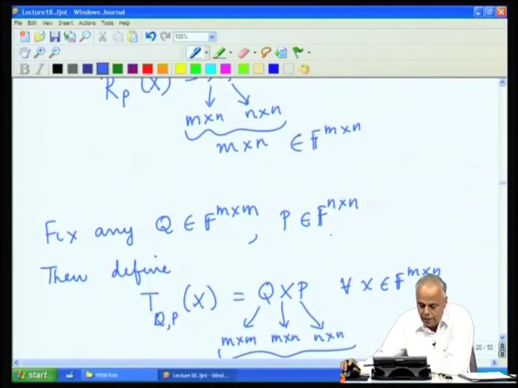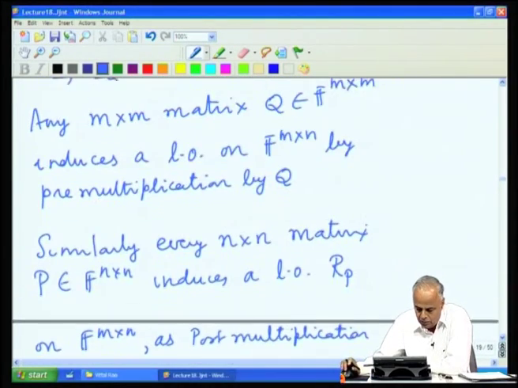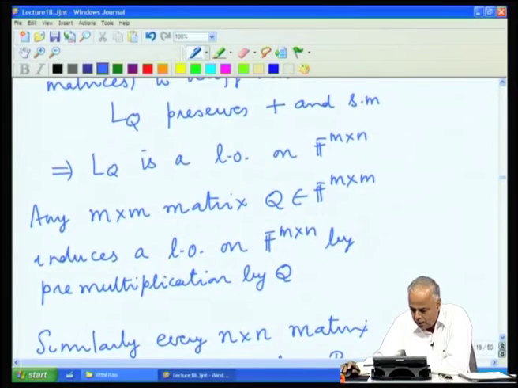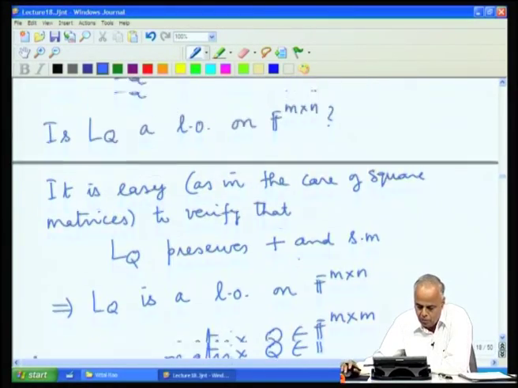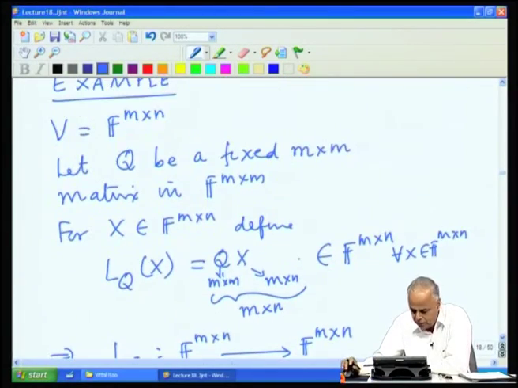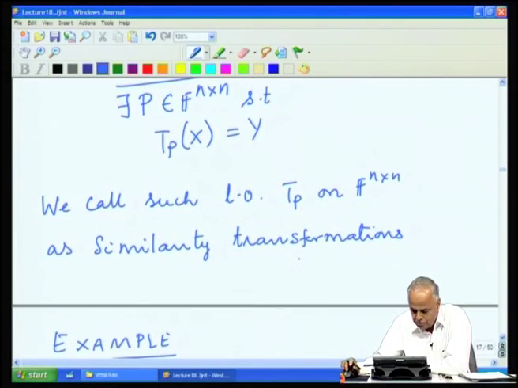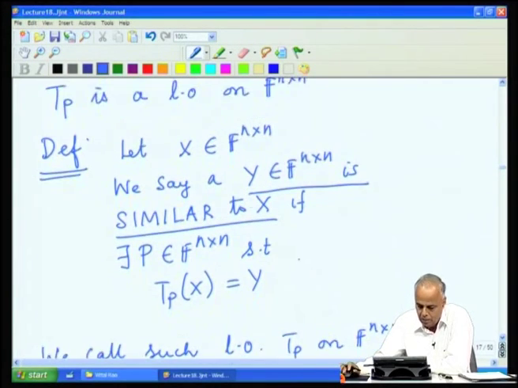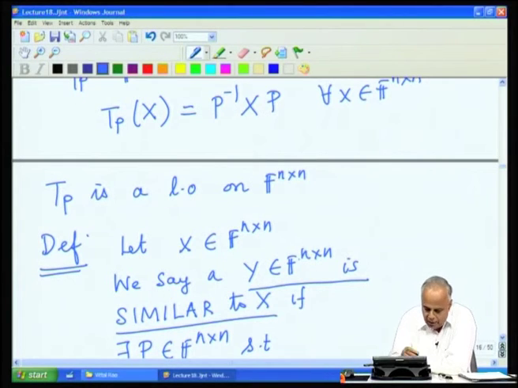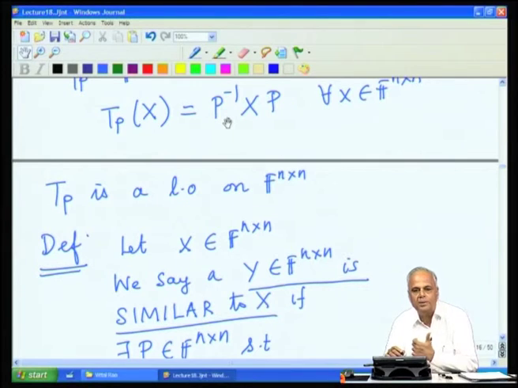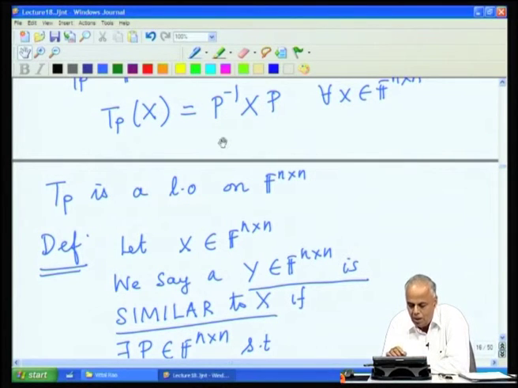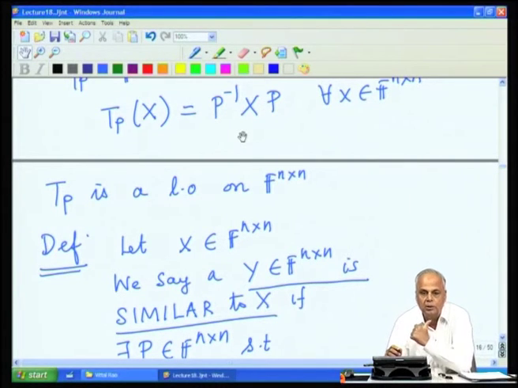Now, we will see later that the notion that we introduced here for square matrices, where we took P inverse x p, this sort of transformation which we called similarity transformations, is useful in the question about diagonalization that we raised for square matrices in the first two lectures.